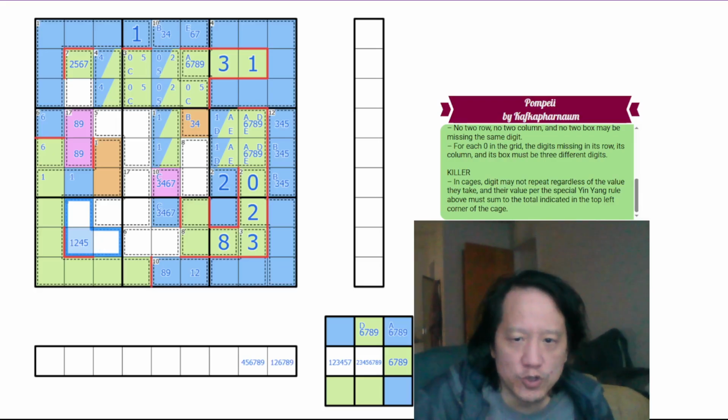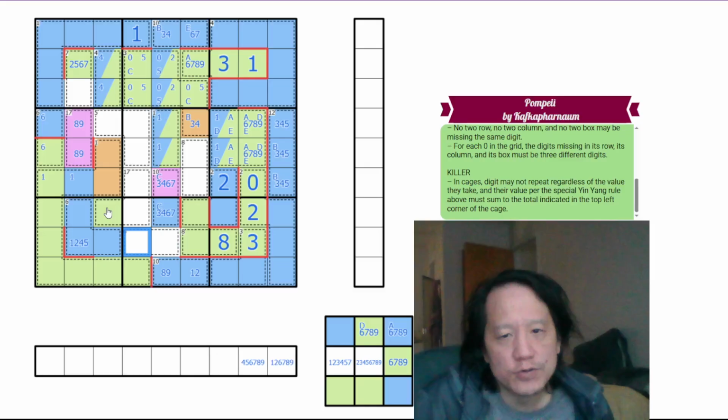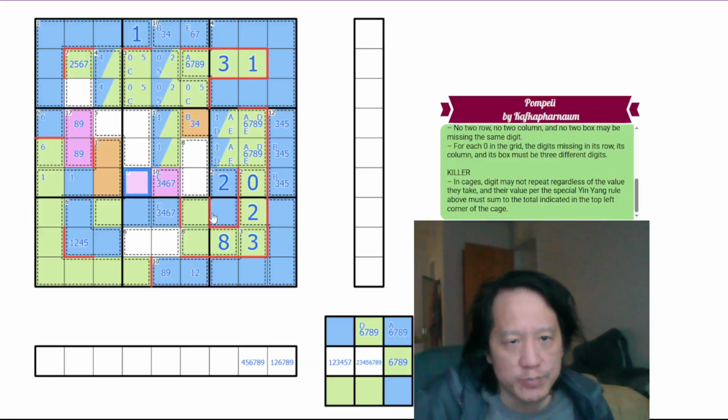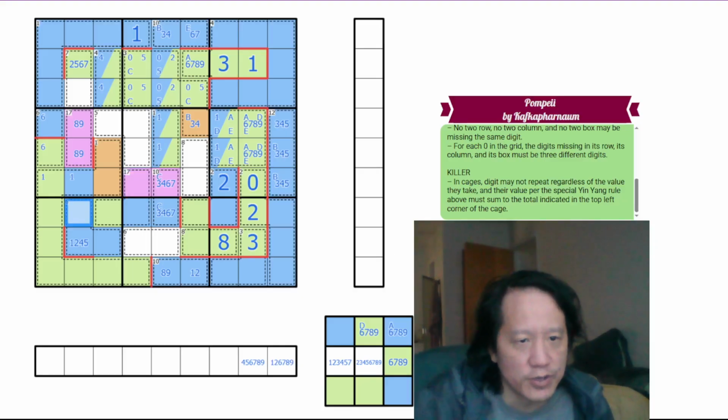So if this is blue, blue, blue, that makes this green, because we can't have 4 blues in a 2x2 area. Therefore, this would count as 0, so this would have to be valid and blue, and that would force this to be pink, because this would have to be an 8-9 pair. And this would be 3, obviously. This would have to be a 1-2 pair.